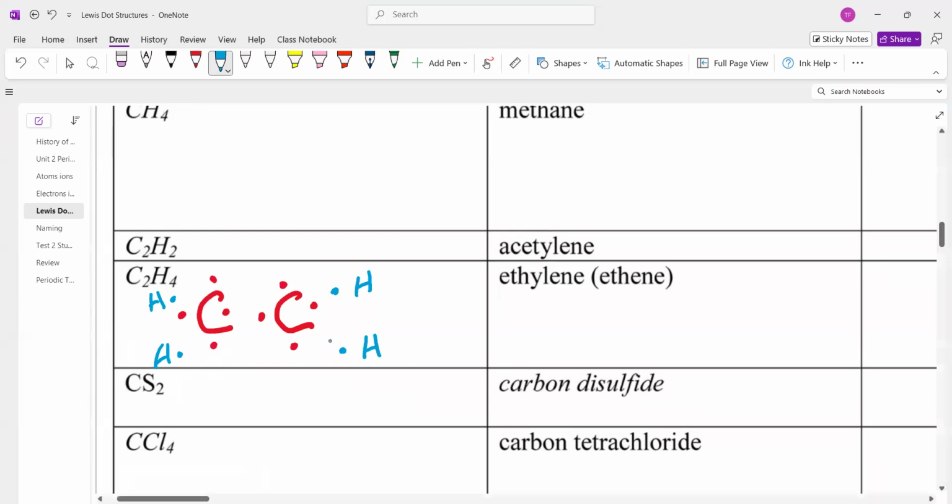Now we're going to start connecting electrons together, bonding the unstable electrons. So here, here, here. Okay, everything has at least one bond.